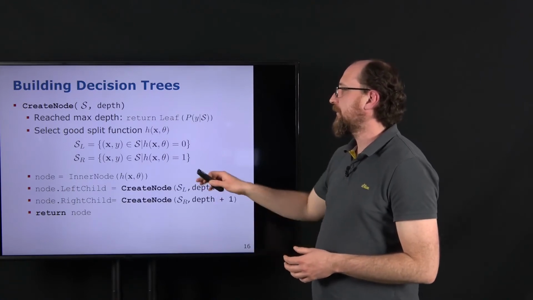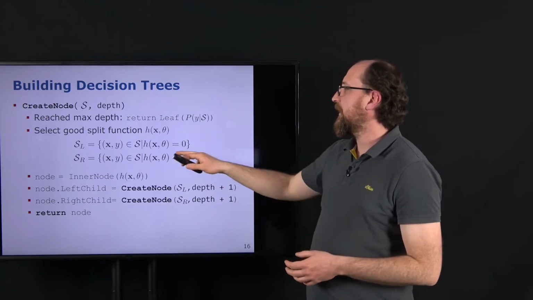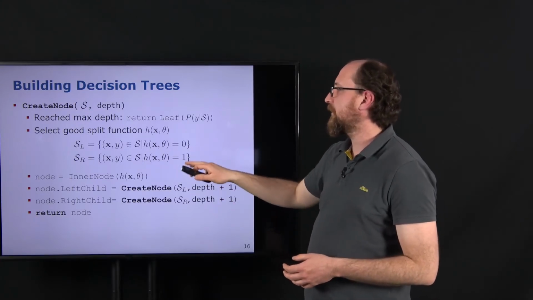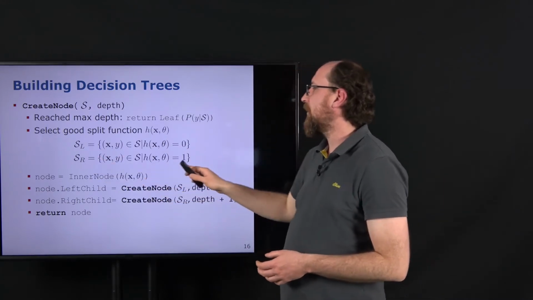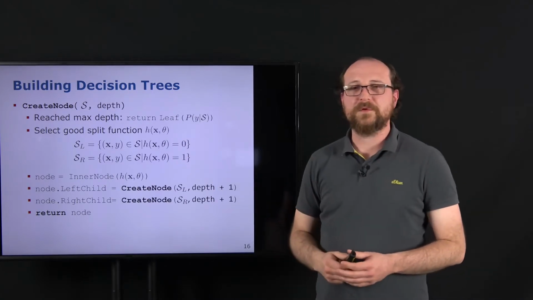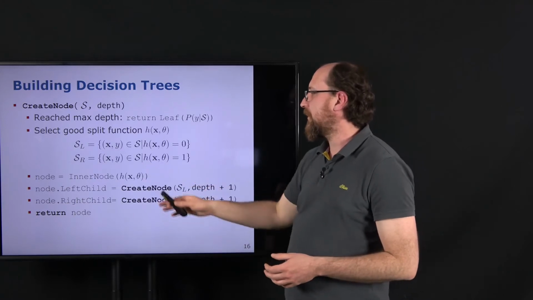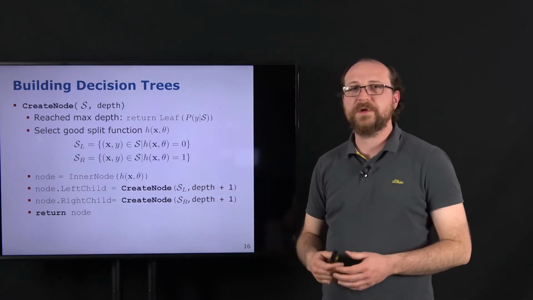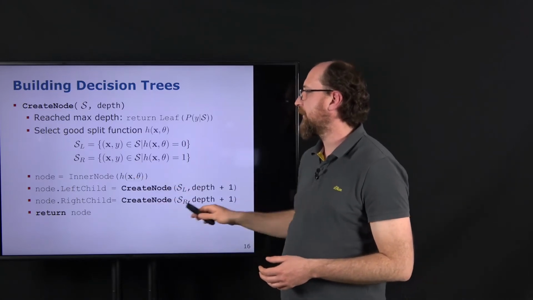And it's such that we take all the examples from the S that have the split function equals to 0, and we put it in SL, and then in SR go all examples that get from the split function a 1 returned. And with this, we are then building some inner node with the specific split functions, so that when we later use a different X, we can still decide where to go.